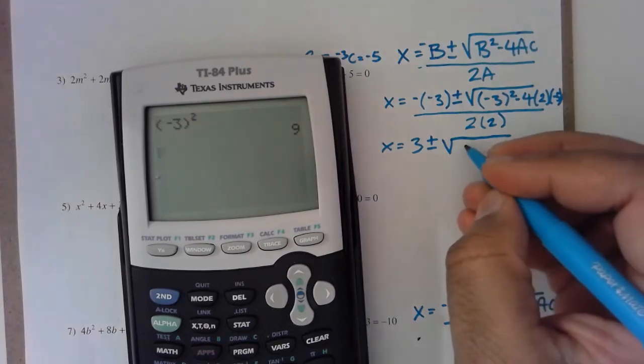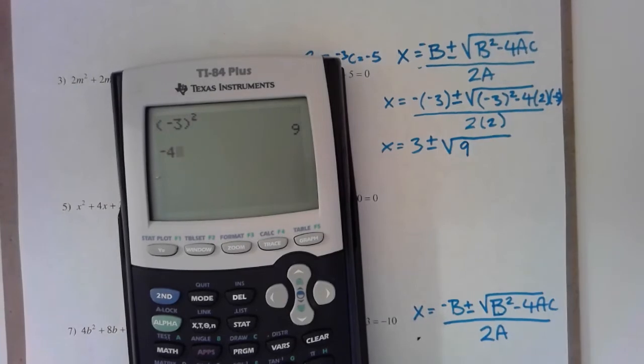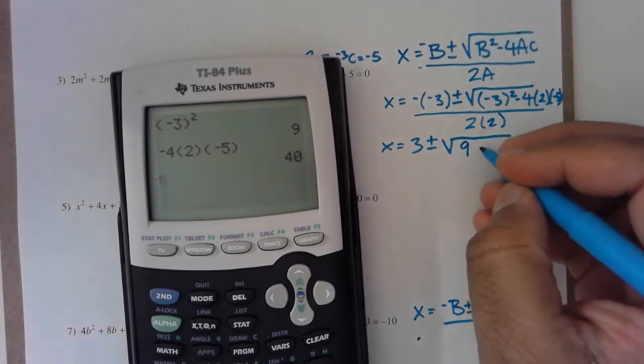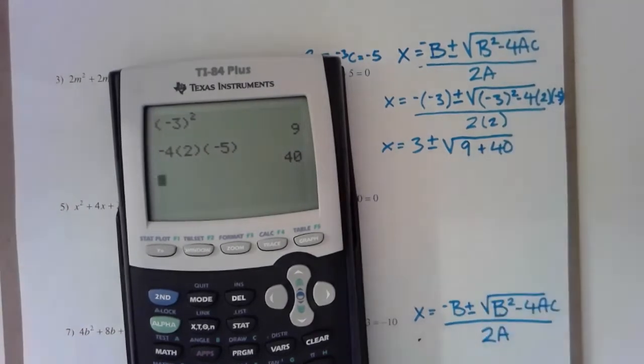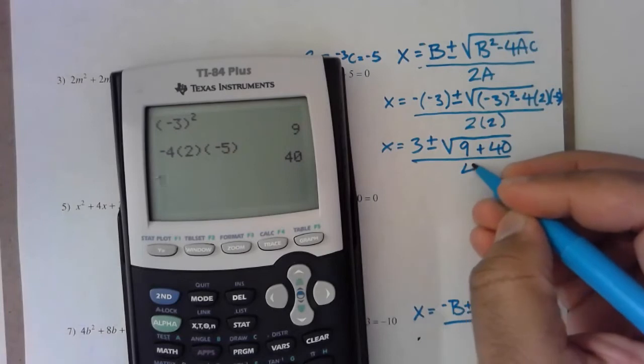Then I put in my -4, parentheses 2, parentheses -5, and I'll end up with a 40 here. So plus 40, all underneath 2 times 2, which is 4.